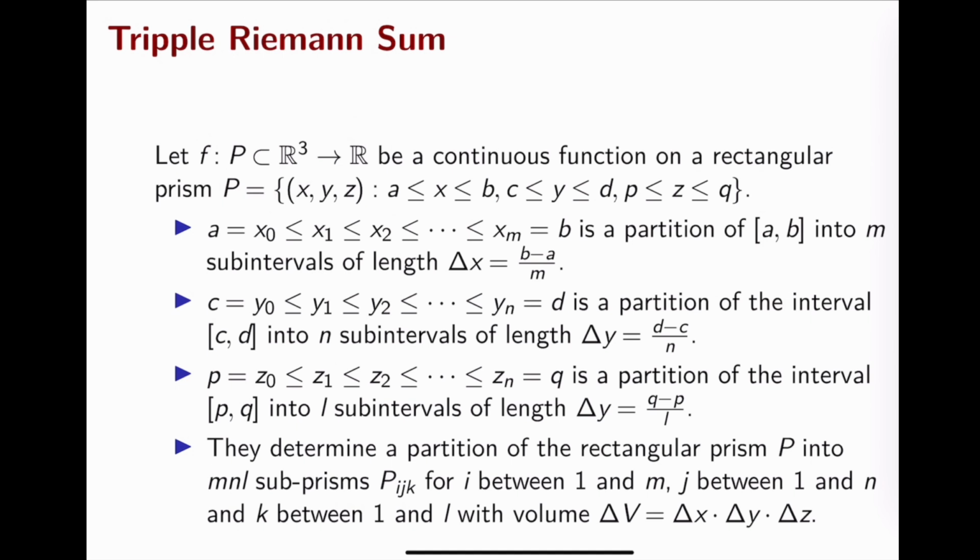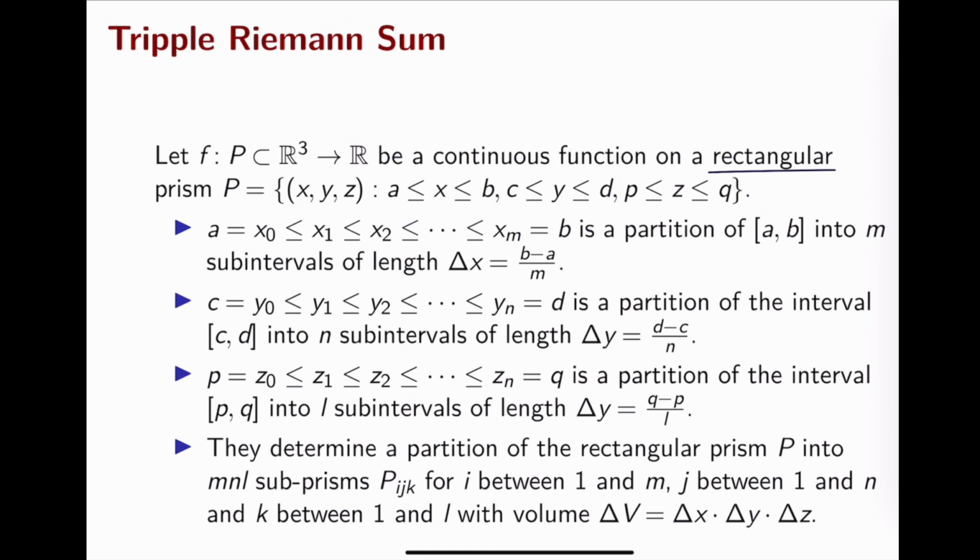So we can actually define also a triple Riemann sum just by generalizing the double Riemann sum that we saw for 2 variables. So in this case, instead of being a rectangle, now the basic unit is going to be a rectangular prism or a box where we have 3 variables now, x, y, and z, where each of the variables is going to vary between 2 constants.